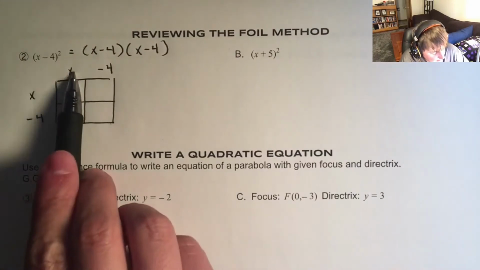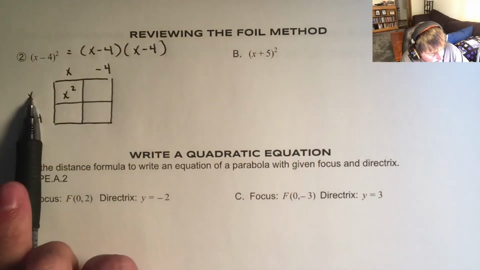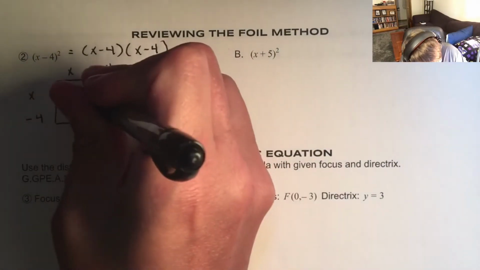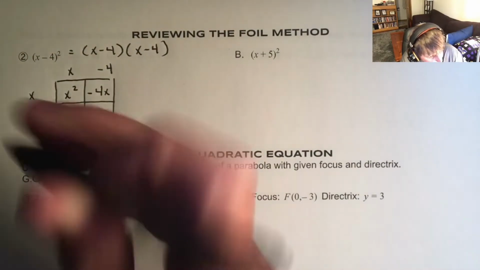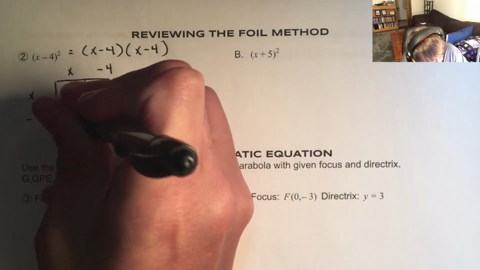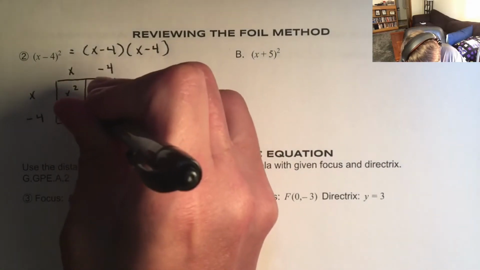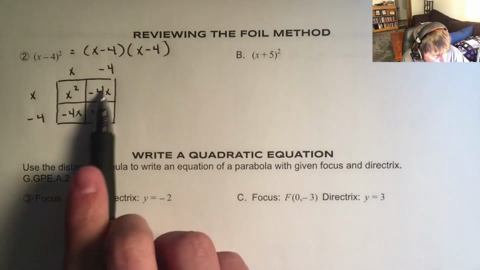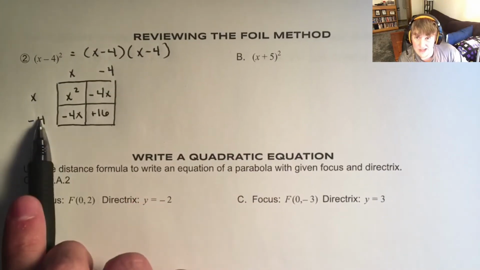So x times x is x squared. X times negative 4 is negative 4x. X times negative 4 is negative 4x. Negative 4 times negative 4 is 16. Okay, so this right here is my result if I multiply x minus 4 times x minus 4.